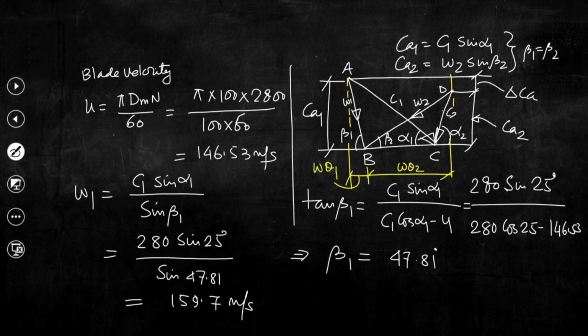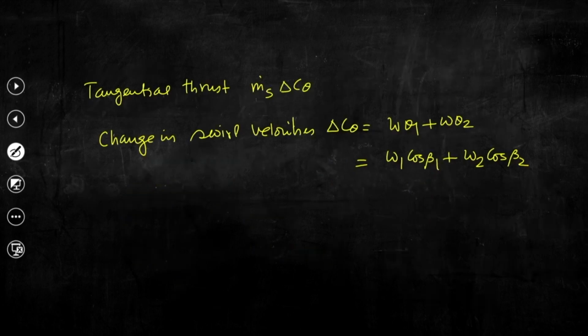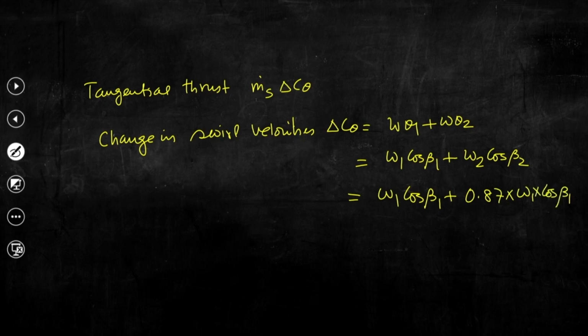W theta 1 equal to W1 cos beta 1, where this angle is beta 1, and this is equal to W2 cos beta 2, right. So, it is correct. W1 is already known, W1 cos beta 1 and W2 equal to 0.87 into W1 into cos beta 1, because beta 2 equal to beta 1.